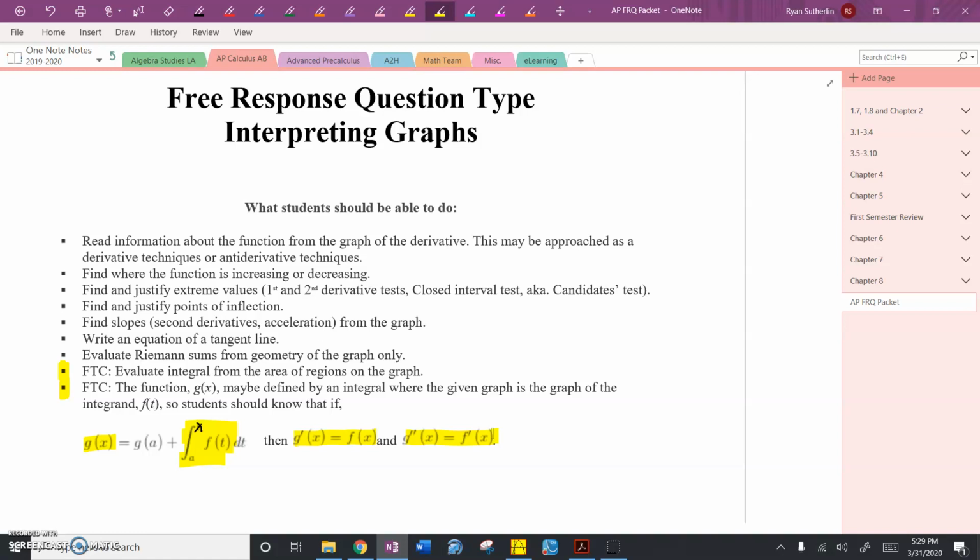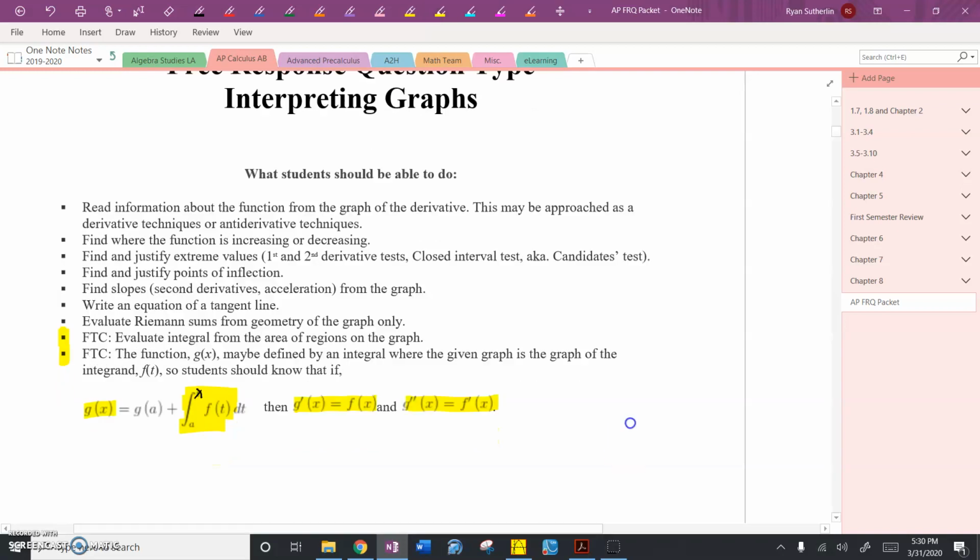Don't jump to the second derivative and start making conclusions, because a lot of times students miss out on explaining why they were able to use the second derivative. What about the first derivative are they able to use in order to use the second derivative? So be careful with that, and we'll see that in this first problem.